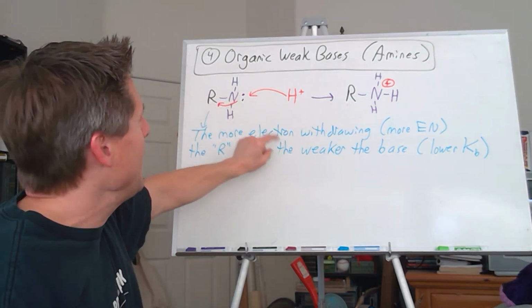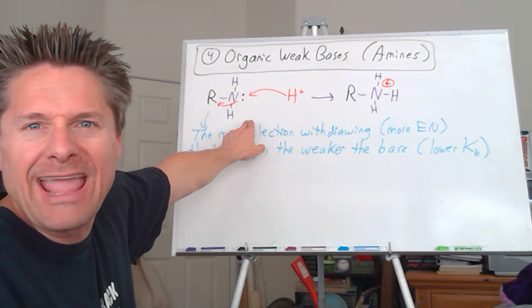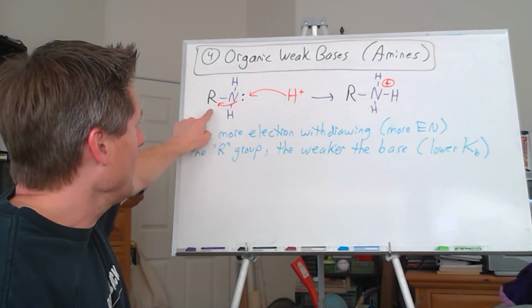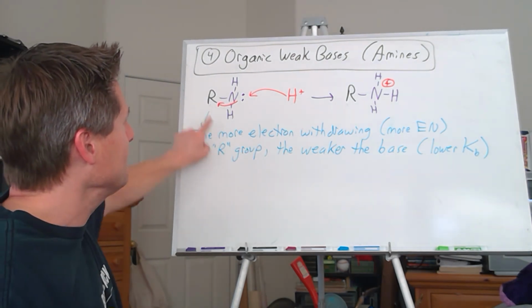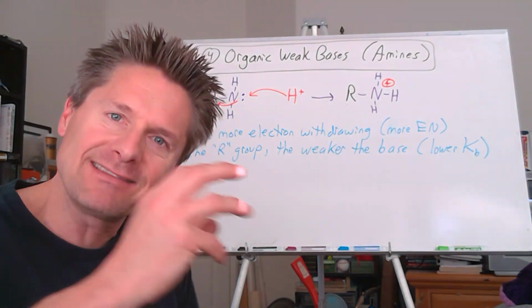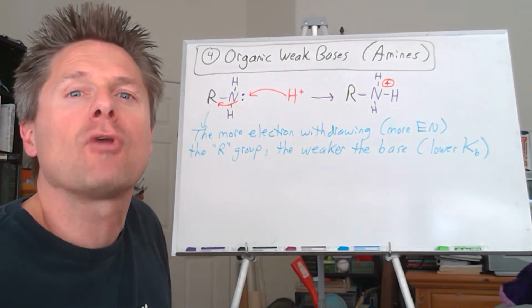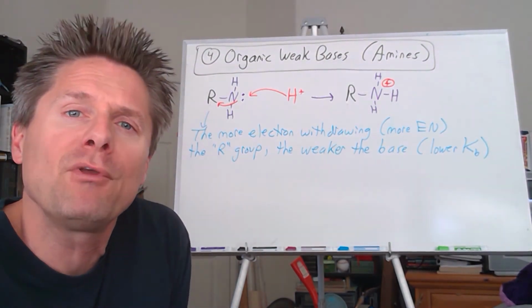That makes it a weaker base. The more the electrons are pulled away from here, the less attracted the H plus is to it. So the more electron withdrawing that R group is, the weaker the base is, the lower its Kb. It's less likely for the H plus to connect to it. It wants a high electron density there. So let me drop a few examples and we'll be done.